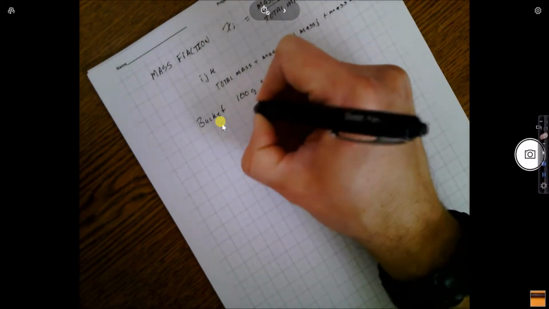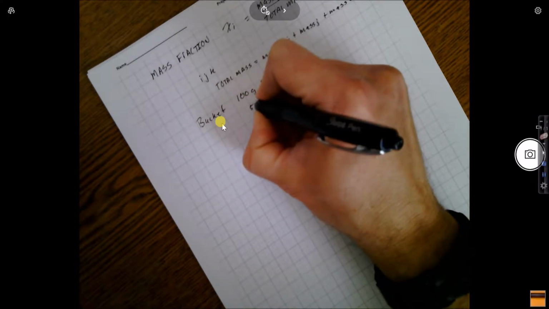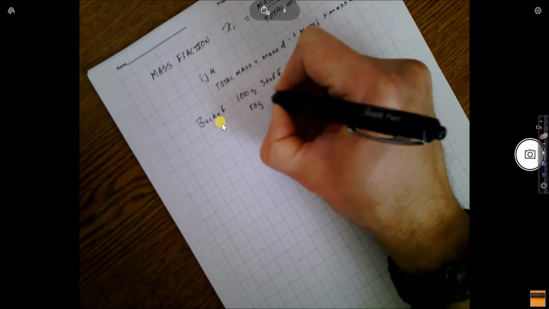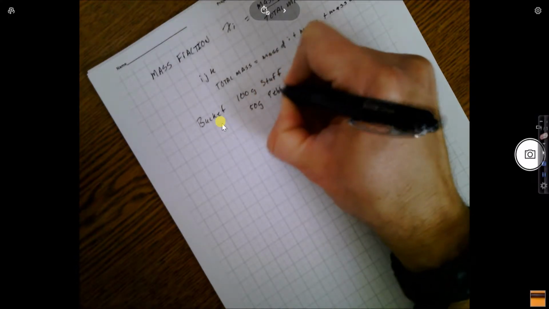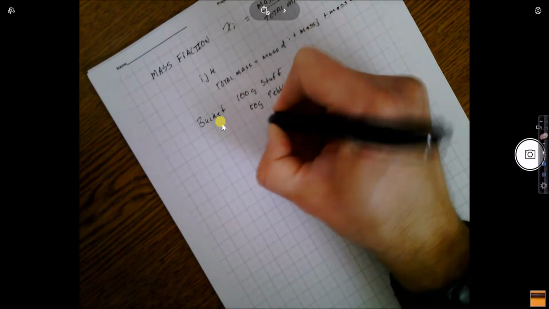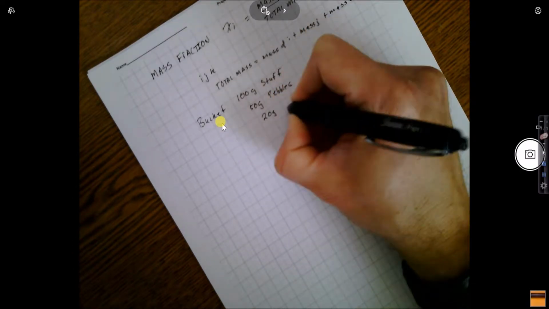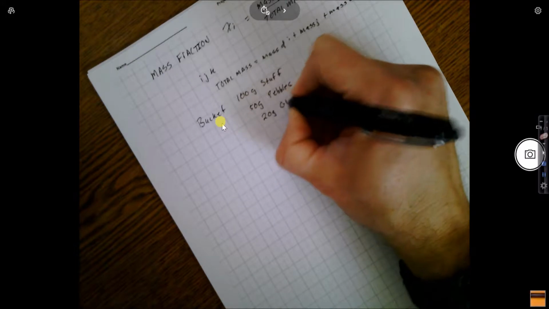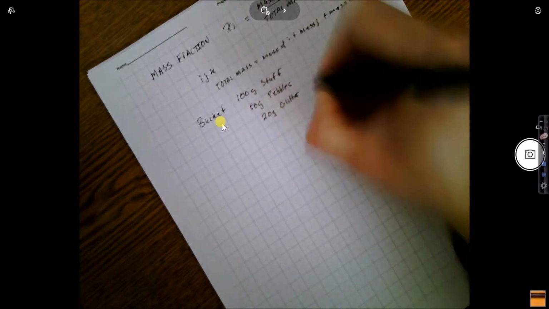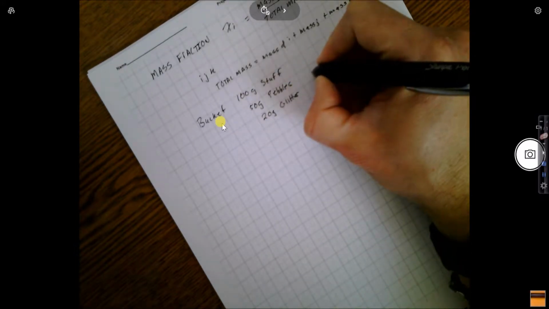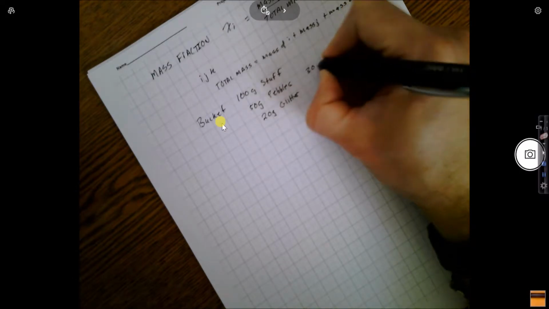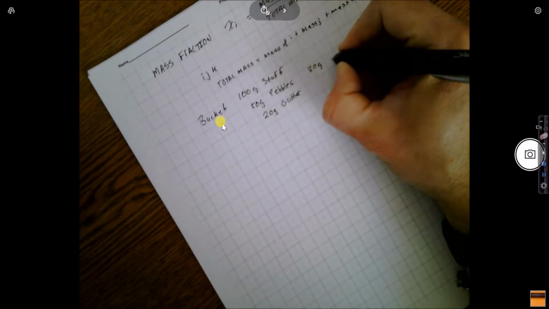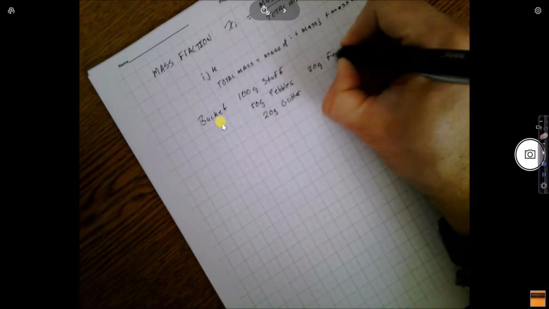The stuff has 50 grams of pebbles, 20 grams of glitter, and, we have to get to 100, so 30 grams of fairy dust.